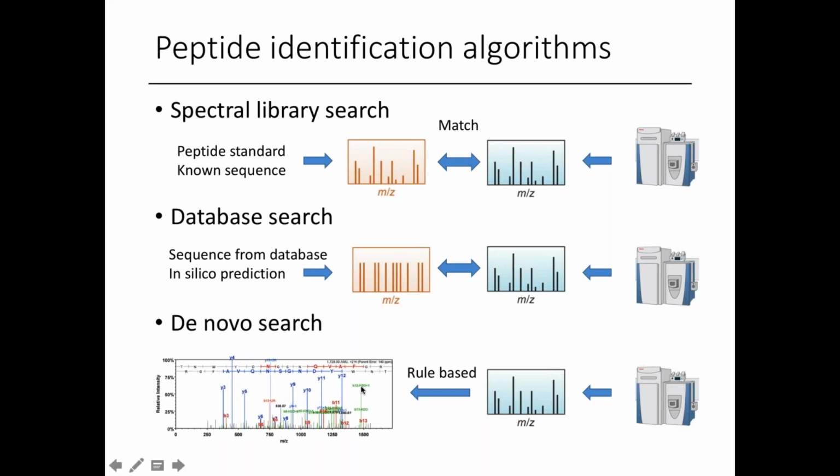It looks at the pattern of the spectrum and the mass differences, and based on internal rules, it tries to predict the sequence without any database. So that's the de novo search.